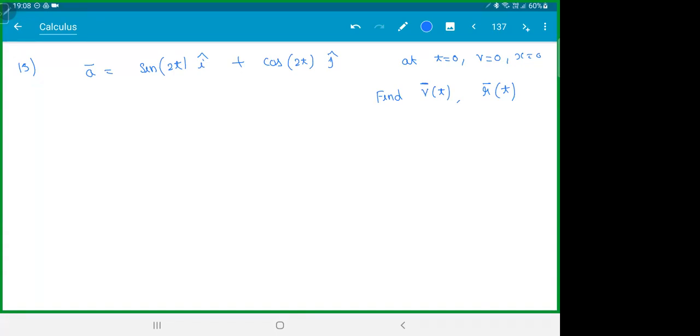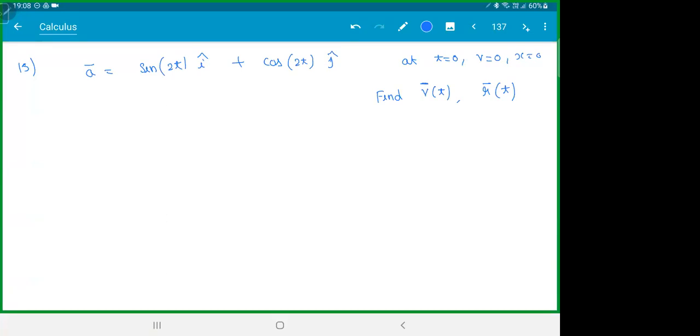Again, I think you're messing up the limits. You guys are messing up the limits. When you keep limit 0 to t, sine 0 is 0, but cos 0 is not 0. You're getting it? You're messing up the limits. Both of you, Adrit, Aryan, check. When you keep the limit for sine 2t, 0 to t, there is no problem. For cos 2t, 0 to t, that cos 0 is 1 actually.